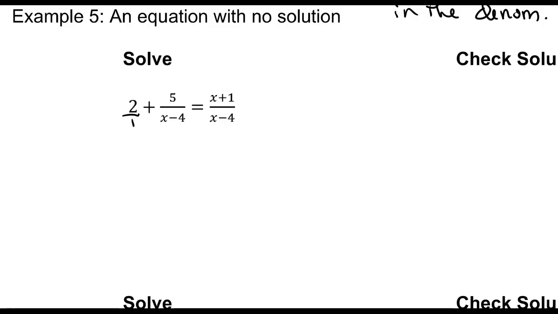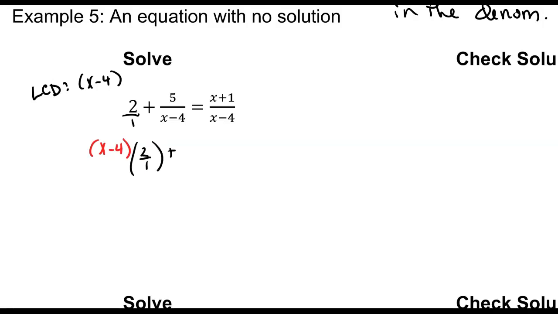So what is going to be my least common denominator for this one when my values are 1 and x minus 4? This is going to be x minus 4. So what are we doing? Well, we're really doing this. So x minus 4 is really getting multiplied to 2 over 1.